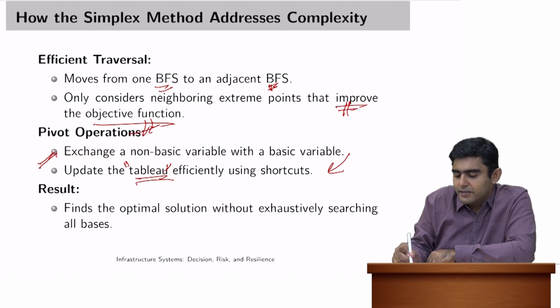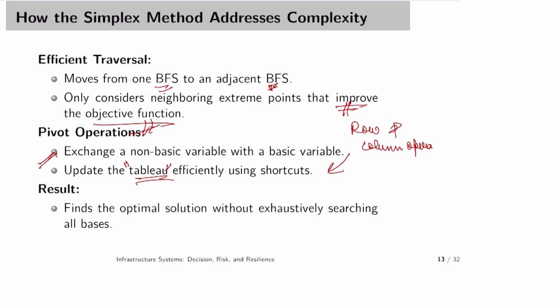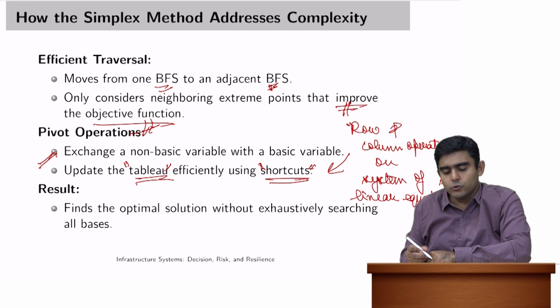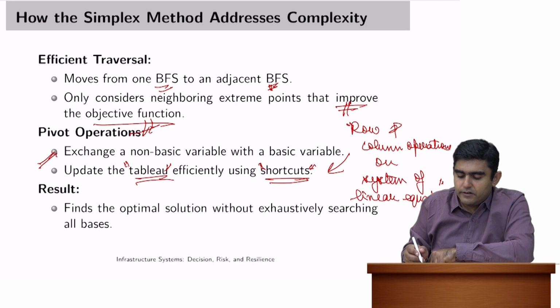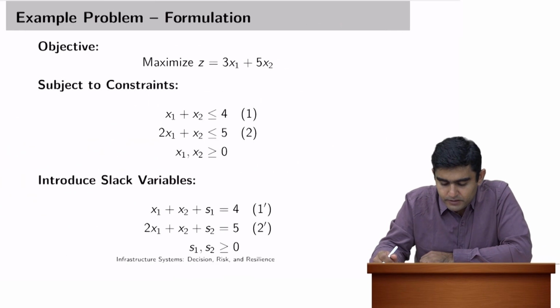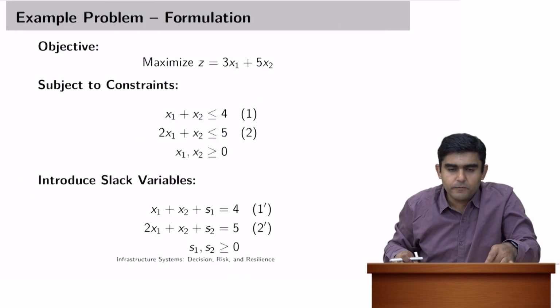These shortcuts are nothing but row and column operations that we used to do on a system of linear equations. And to speed it up, we would find an algorithmic way to do this part faster. We will, of course, be able to find the optimal solution without exhaustively searching all the bases. So let us try to understand this with the help of a problem.